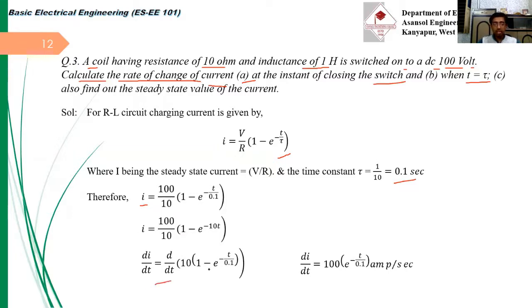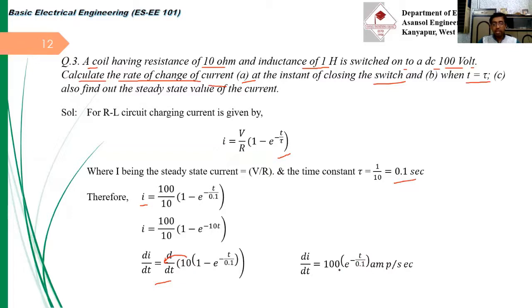Differentiate it. That 10 value will come out because it is constant. Okay. And 1 minus 1 is constant, so d by dt of a constant is 0. And e to the power minus t by tau, this will give the minus 1 by 0.1. So it will be 100 into e to the power minus t by 0.1.